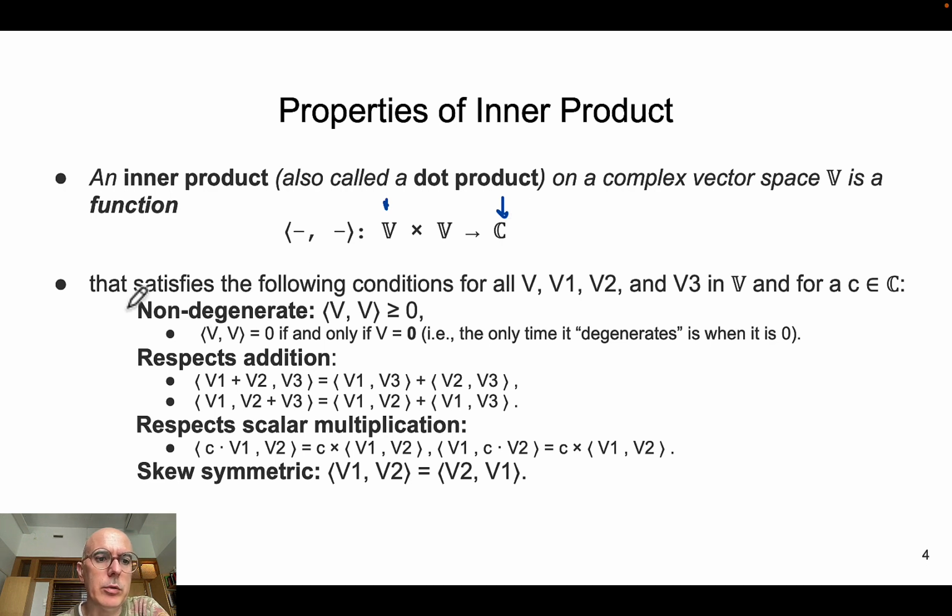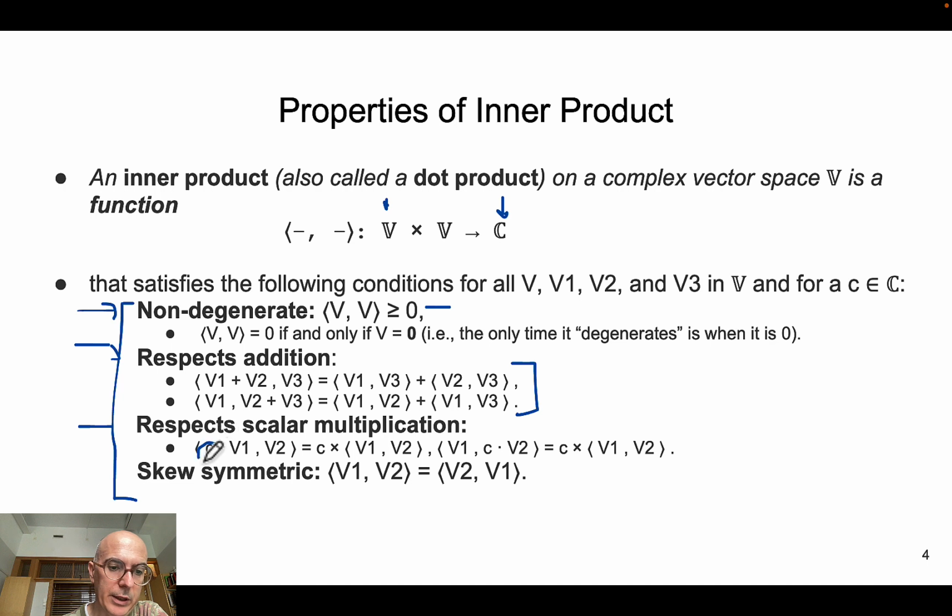We can go through a formal definition of the inner product. We can define the inner product as we want, as long as it satisfies these four properties. It must be non-degenerate, which is the property here. It must respect addition, which is expressed here. We also need to respect the so-called scalar multiplication.